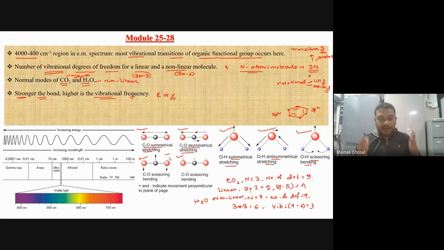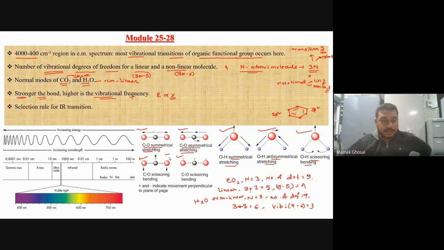So if a bond is very strong, you need very high energy to move the atoms in the molecule. In IR spectroscopy, wherever you see a very strong bond, you can guess that its vibrational frequency ought to be higher.